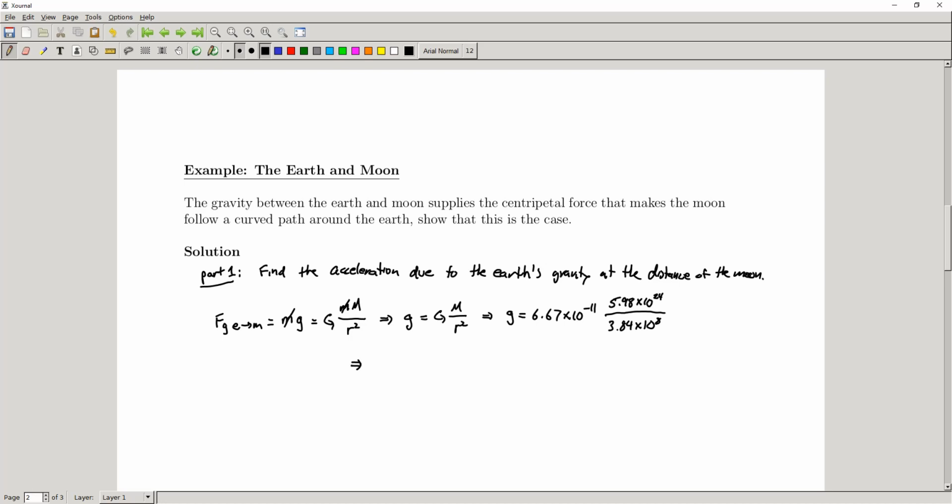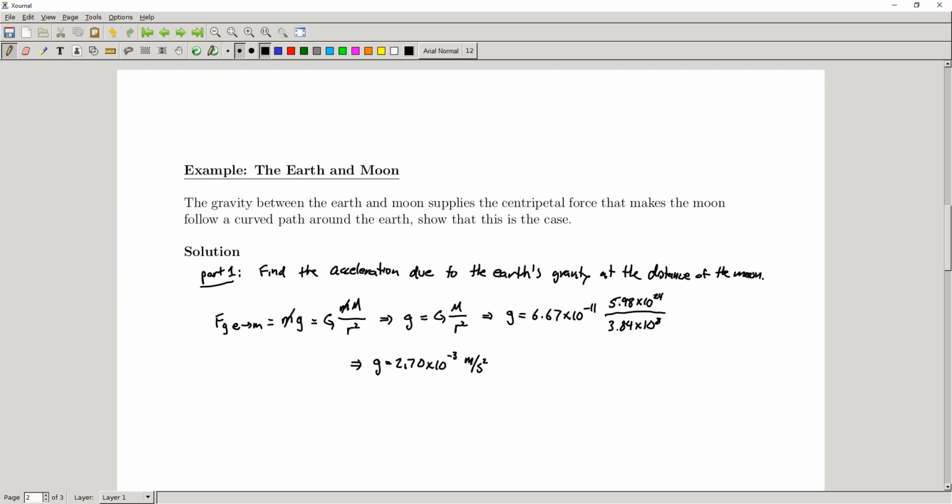If you did the calculation, you would find that this gives us a g, an acceleration at the distance of the moon, which would be equal to 2.70 times 10 to the minus 3 meters per second squared.